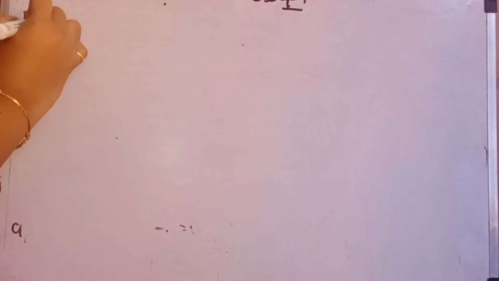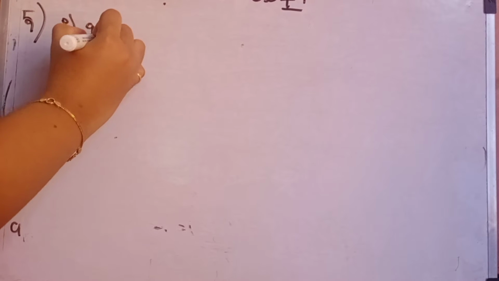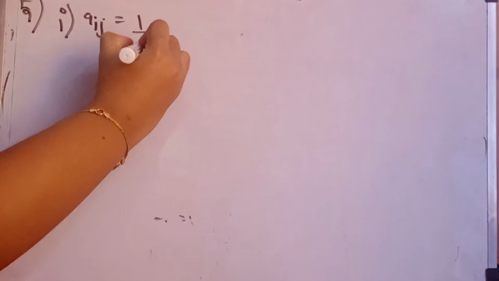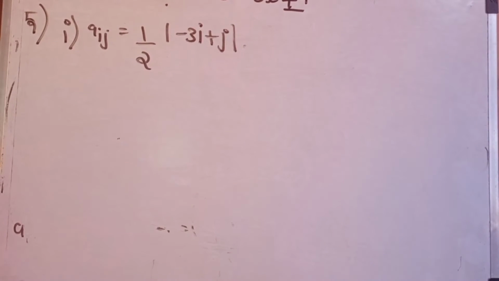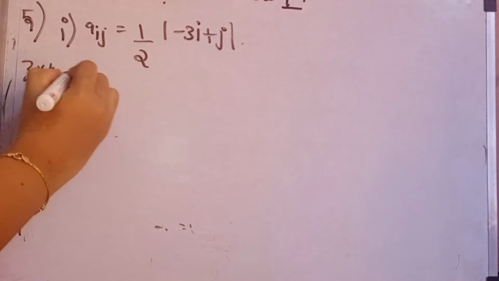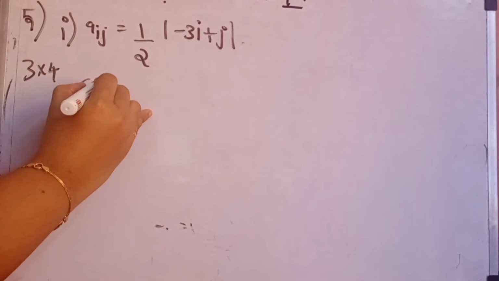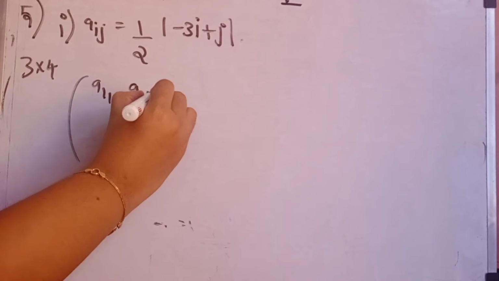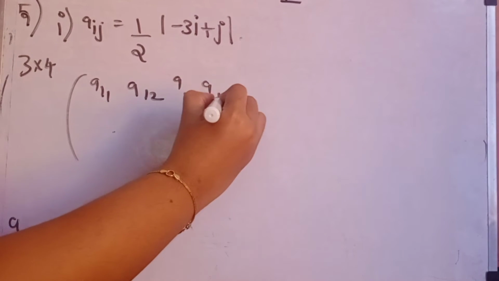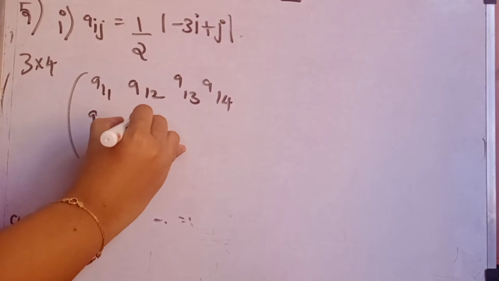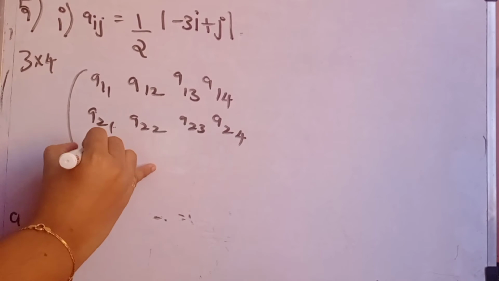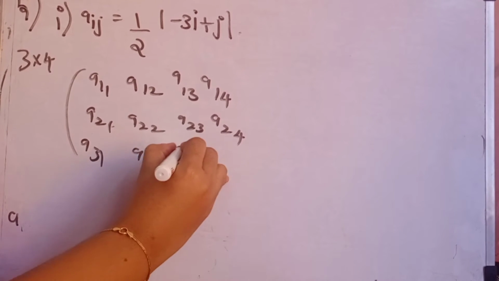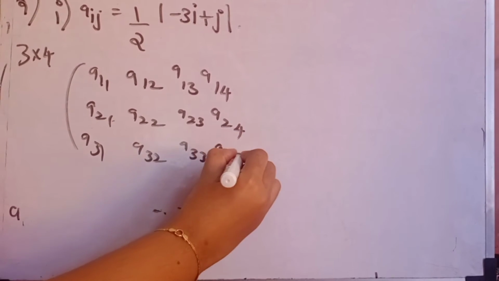So what is the fifth question they have given? They have given Aij equals 1 by 2 modulus of (minus 3i plus j). So a 3 into 4 matrix they have given, which means we need to form 3 rows and 4 columns: A11, A12, A13, A14, A21, A22, A23, A24 and A31, A32, A33 and A34.